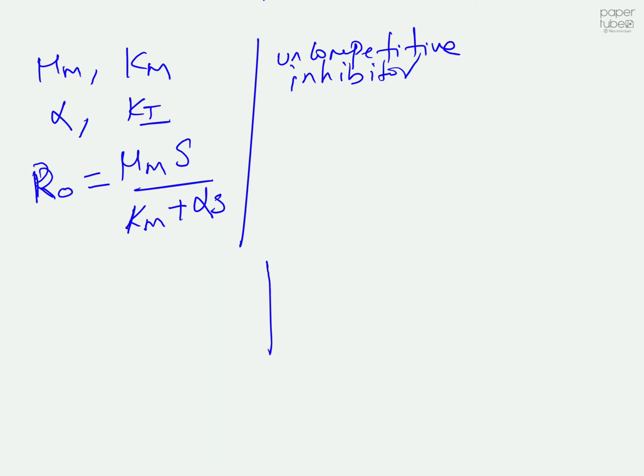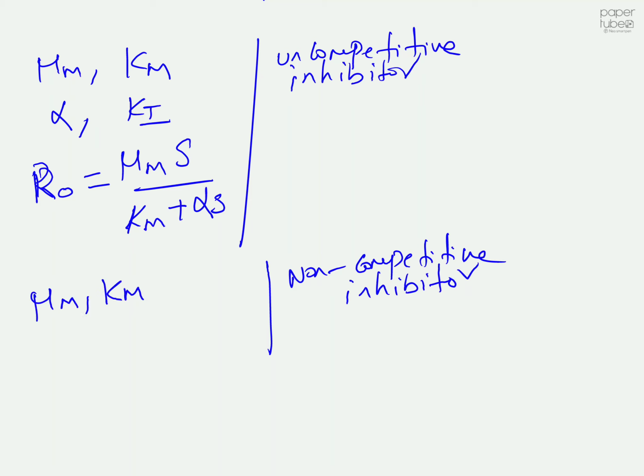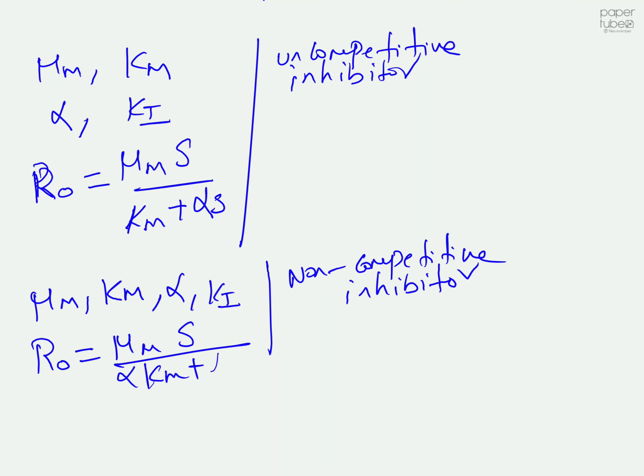And then again for non-competitive inhibitor, how to do that? We need to calculate again mu m, Km, alpha, Ki, and then obviously we need to use this expression which we derived just now, Ks alpha Km plus alpha substrate concentration.